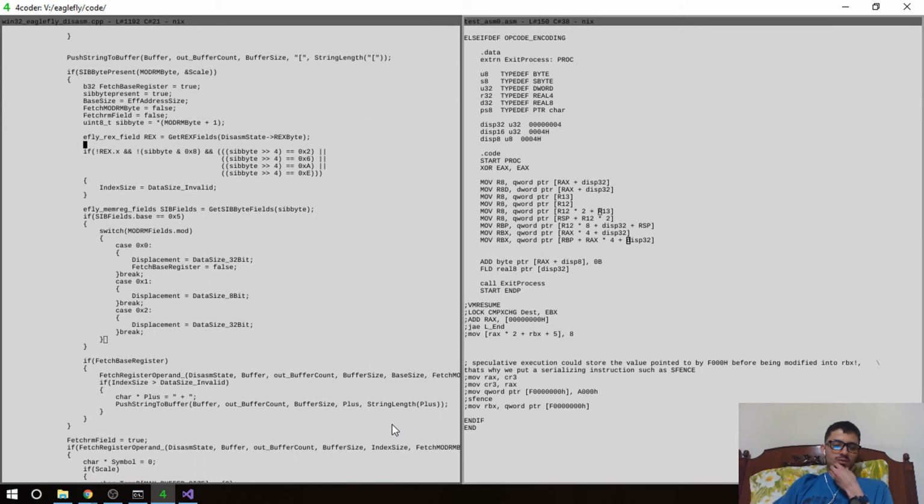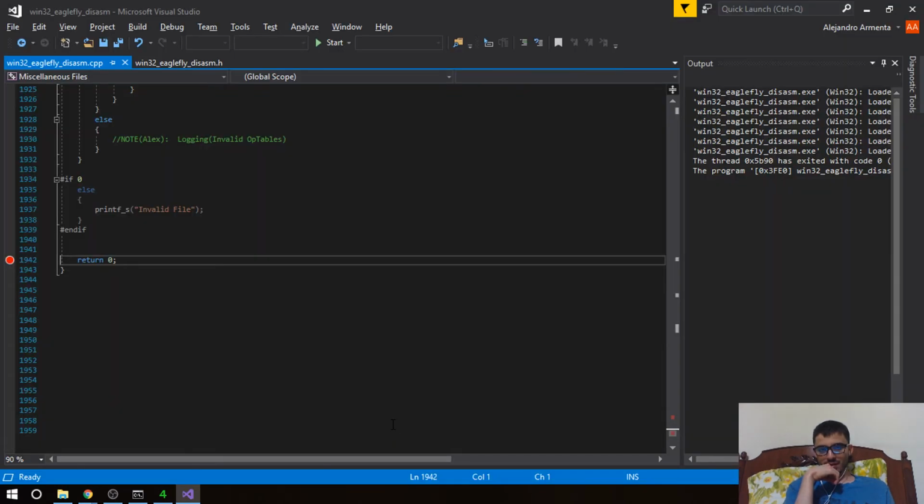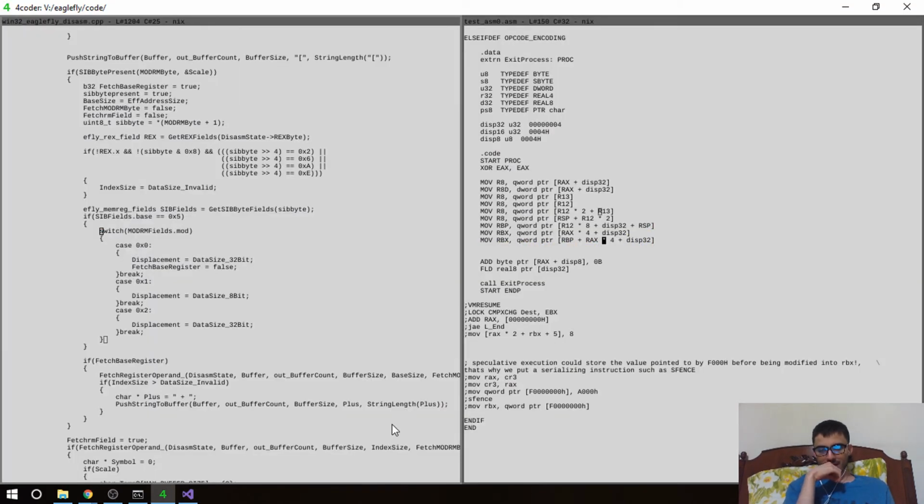And now the thing here is that we have EVP as well and stuff like that. So yeah, that was pretty much the change. So what we want now is to test with a normal instruction like this one.